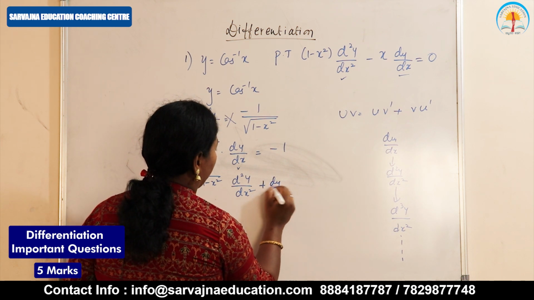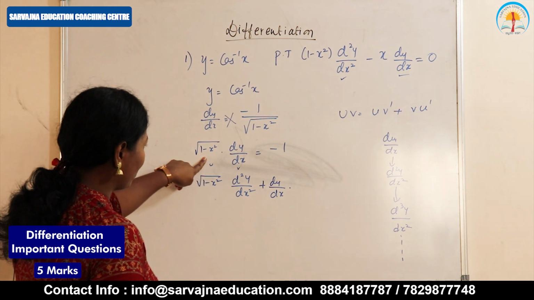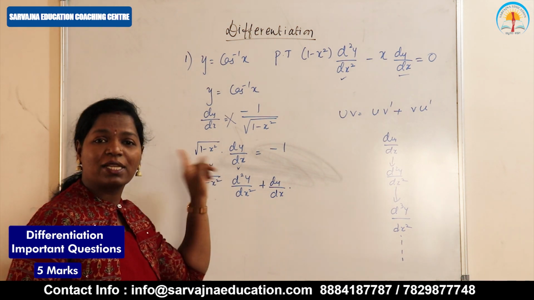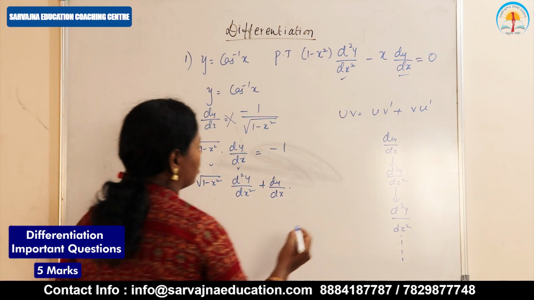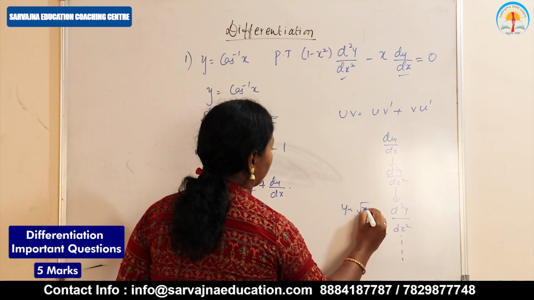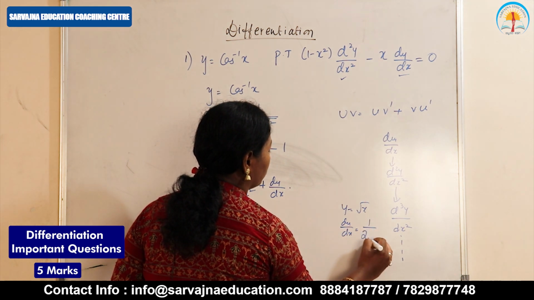Plus dy by dx into the differentiation of root 1 minus x square, right? Root 1 minus x square looks like root x. What is the differentiation of root x? It is 1 by 2 root x.